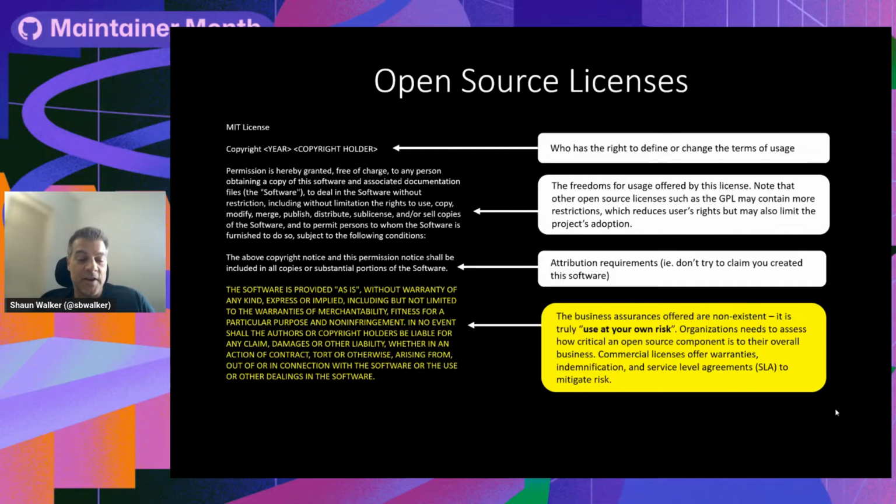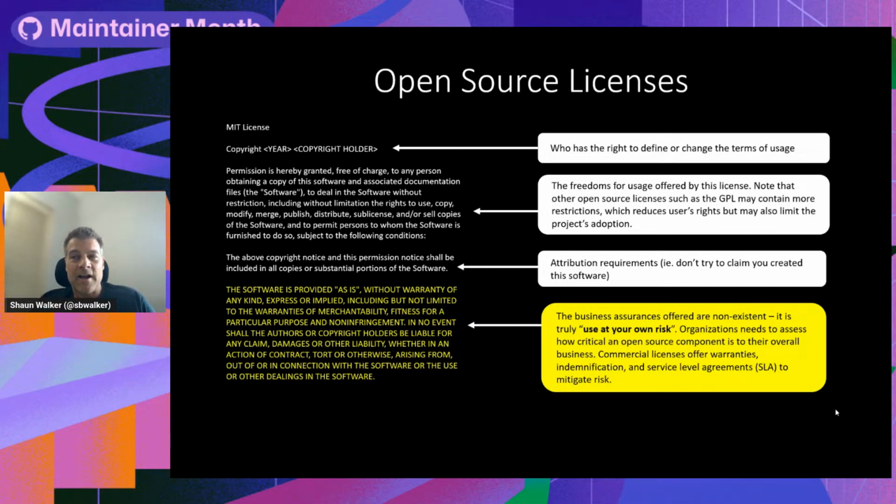That's fine. And then you get down to this last clause. This clause is pretty typical in most open source licenses, which basically says you are using this software at your own risk, right? Most open source licenses have this kind of a clause in it. As an organization or a consumer that's utilizing an open source project, I think you probably realize that you are using that software at your own risk.